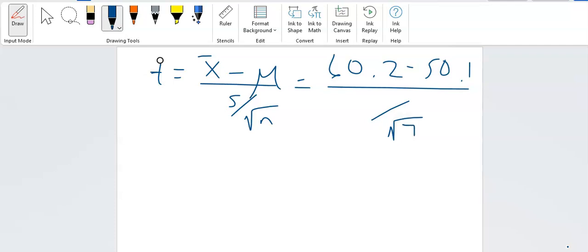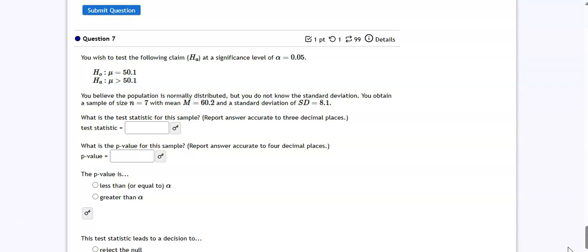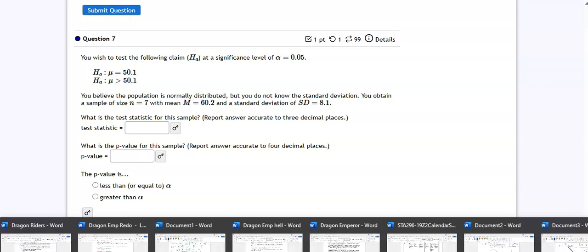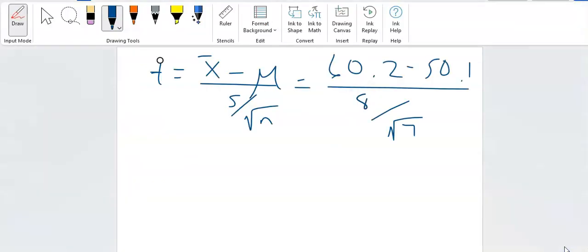All right, so let's figure out what to plug in here. We have our sample mean minus our population mean. I'll go back here for a minute. Our sample mean is 60.2. Our population mean we get from our null hypothesis is 50.1. So 60.2 minus 50.1. All right, so let me go back and write that.